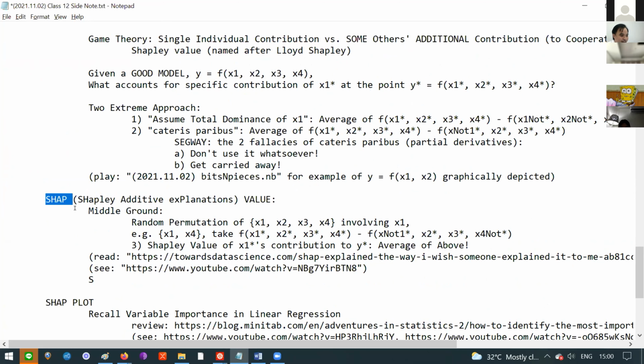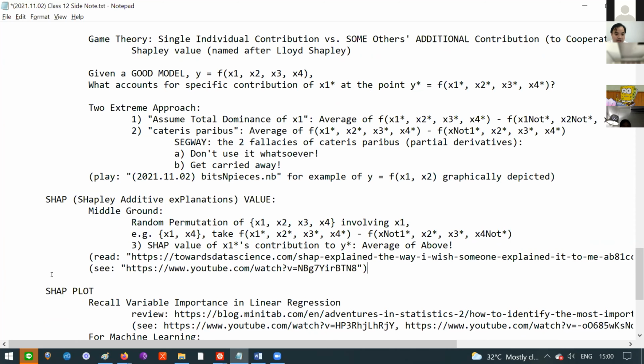This one is SHAP in capitals. It's derived from Shapley, so it's called Shapley additive explanation. So the SHAP value of this is a contribution.